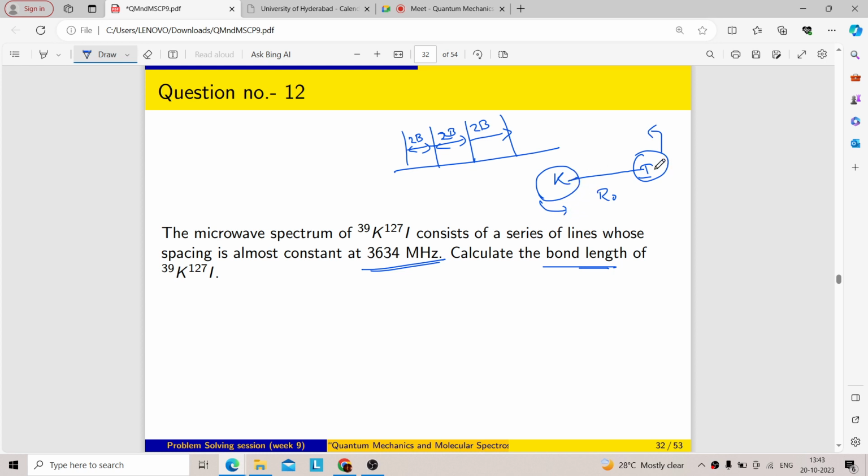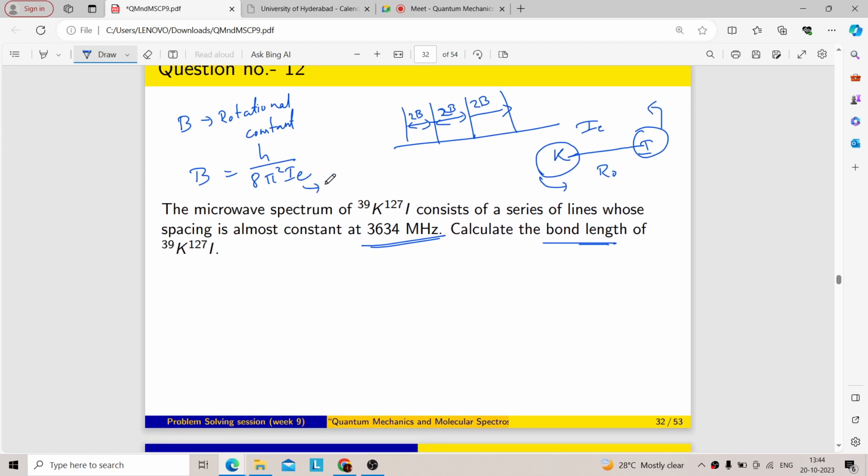If we consider this to be a rigid rotor, then it will have a moment of inertia, denoted by I_e. We call the rotational constant B. We can write this rotational constant as h over 8 pi square I_e, where I_e is the moment of inertia.